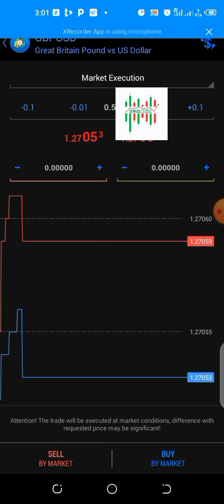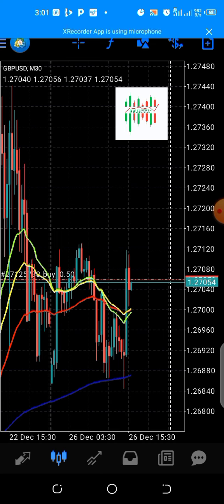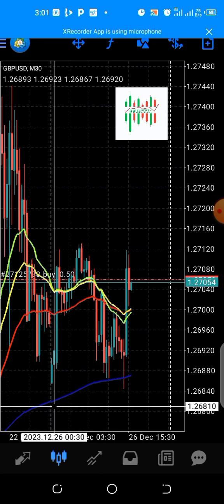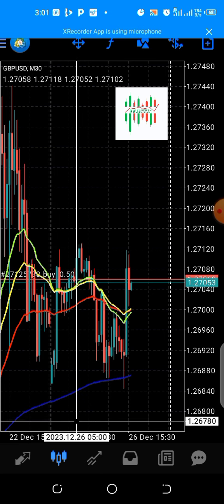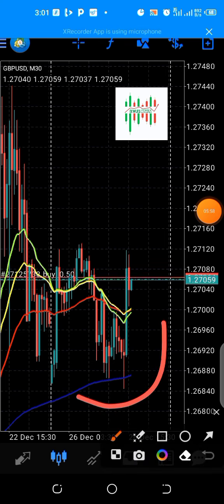Let me use this as a vivid example. I'll buy, then I'll set my stop loss below the moving average, that's below this swing, here, below this swing.